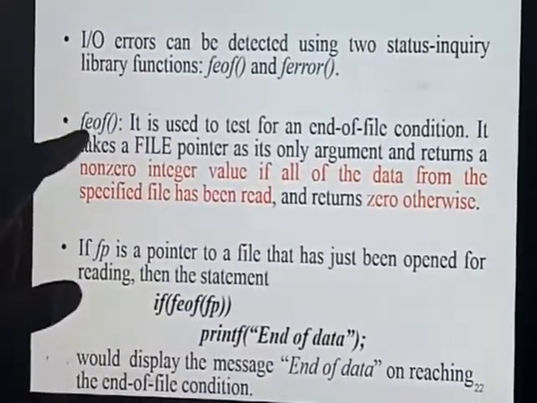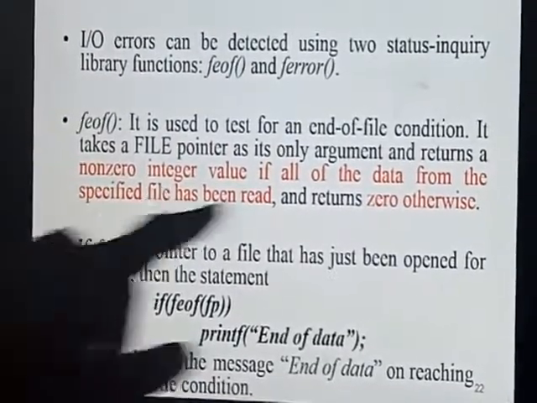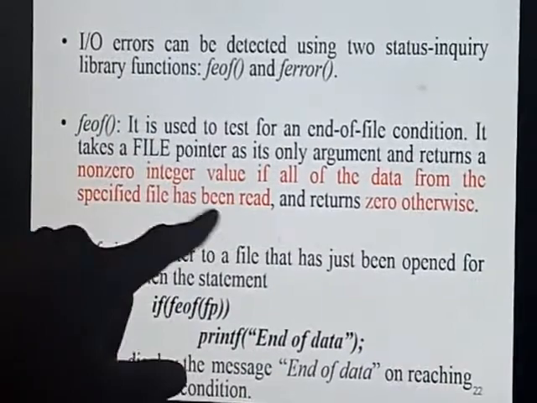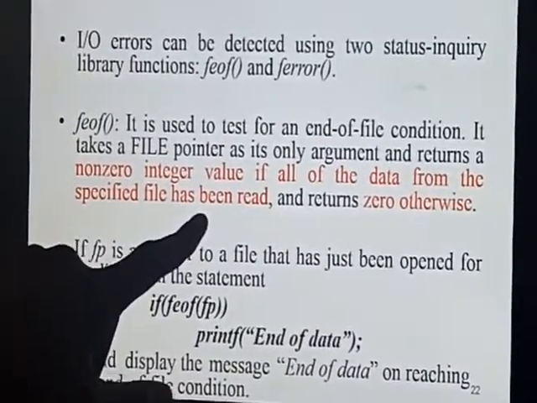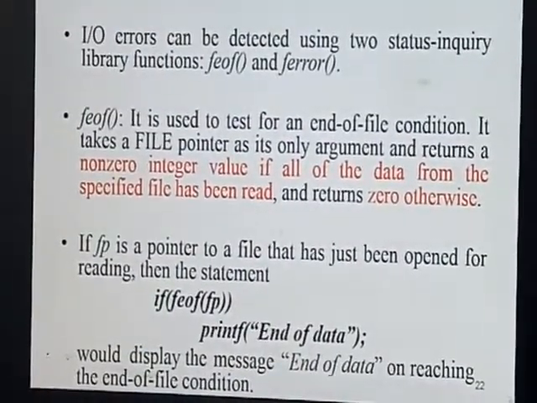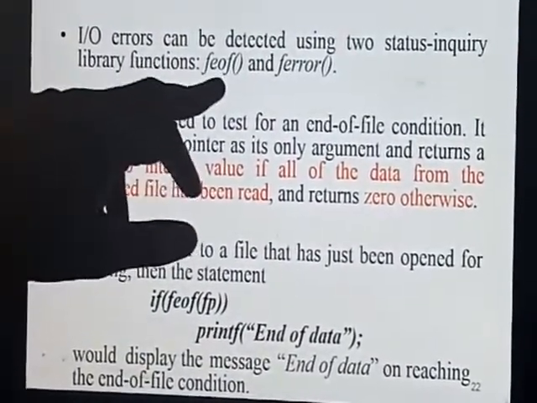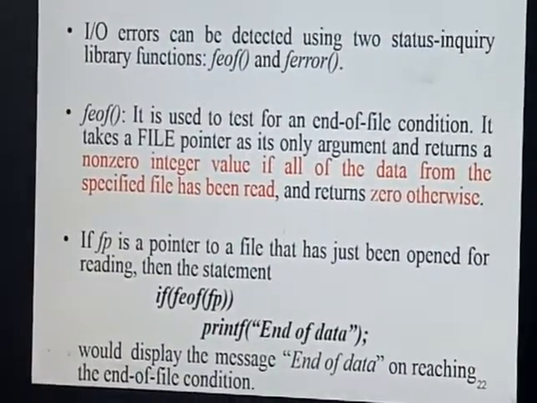If feof returns a non-zero integer, it means that you are at the end. And if it returns 0, you are in the middle. So feof tells you whether to read further or not.